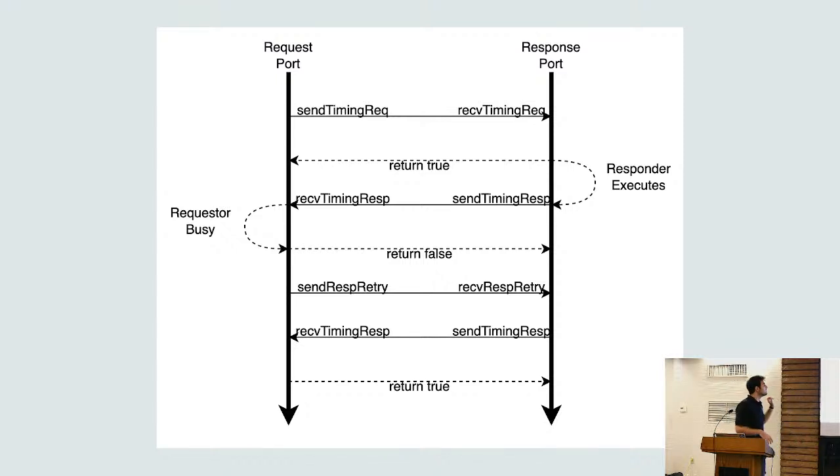This is not really a common situation because the requester should, before making a request, allocate bandwidth for receiving the response of that request. But as you can see, there are places that this might happen, and it's useful to have.